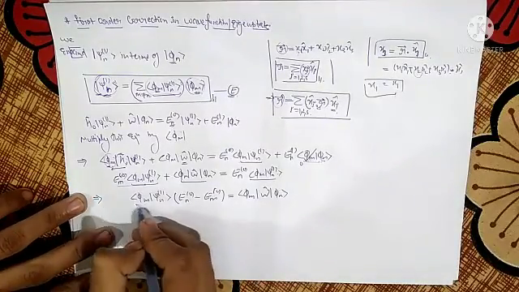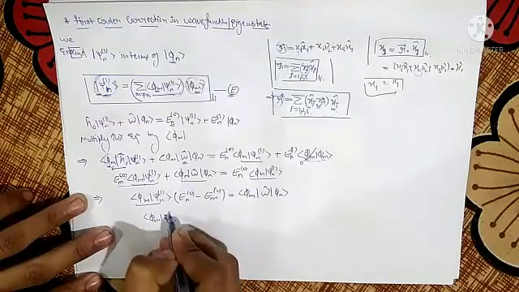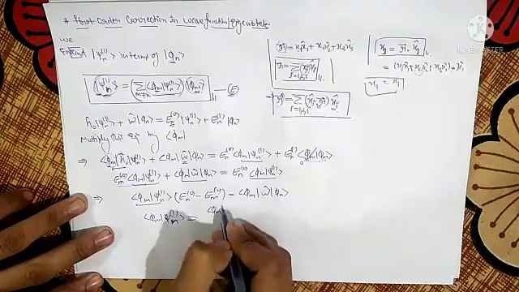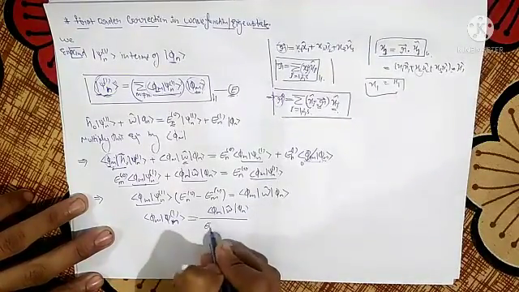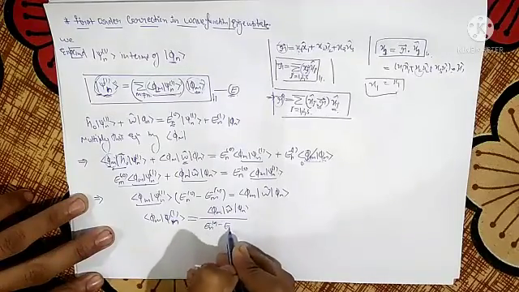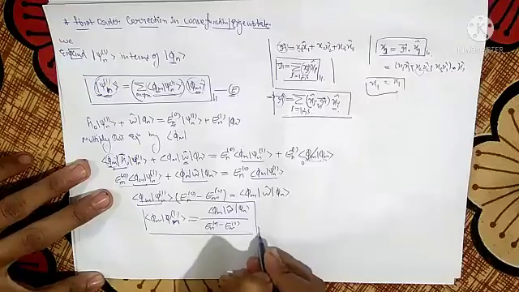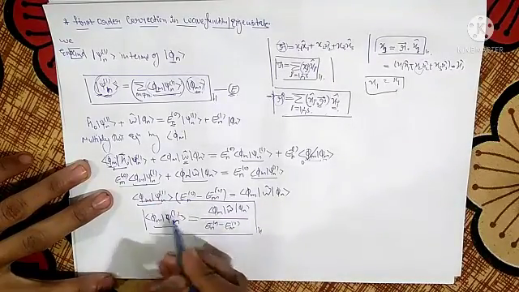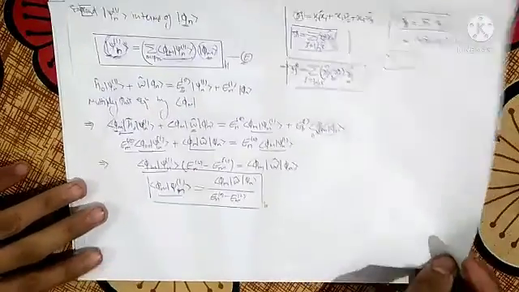Then by doing basic algebra, this term is phi m W acting on phi n divided by E n naught minus E m naught, and we have calculated this particular quantity. Now just put this quantity at this place and you will get the first order correction in wave function.